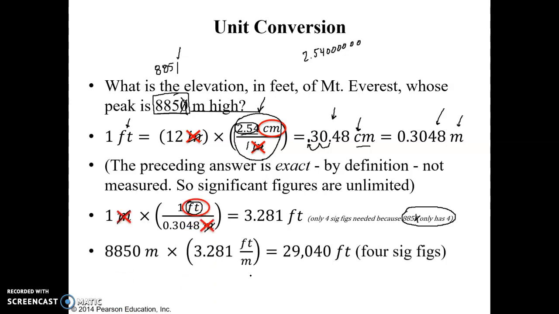Okay, so here we have actually the answer to our question. We want 8,850 meters. We want to convert that into feet. So we take 8,850 multiplied by, this is our conversion factor, 3.281 feet for every 1 meter, which will equal 29,040 feet.